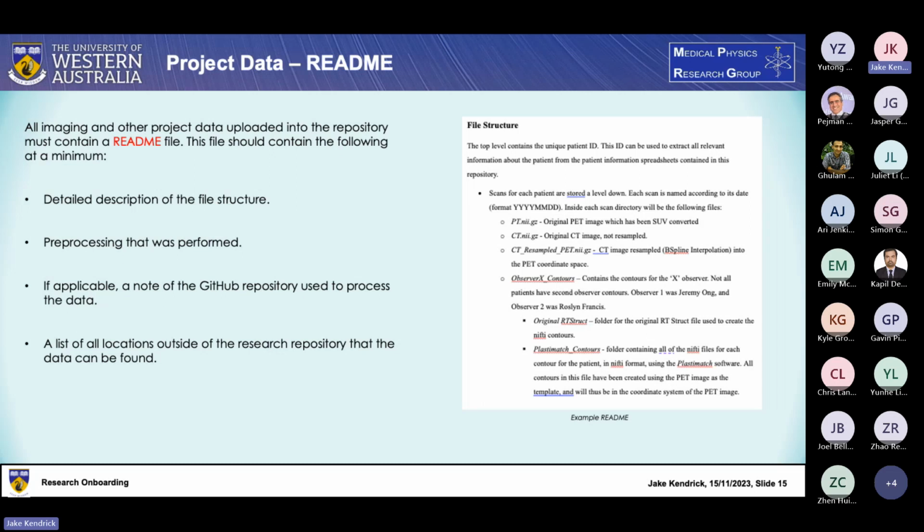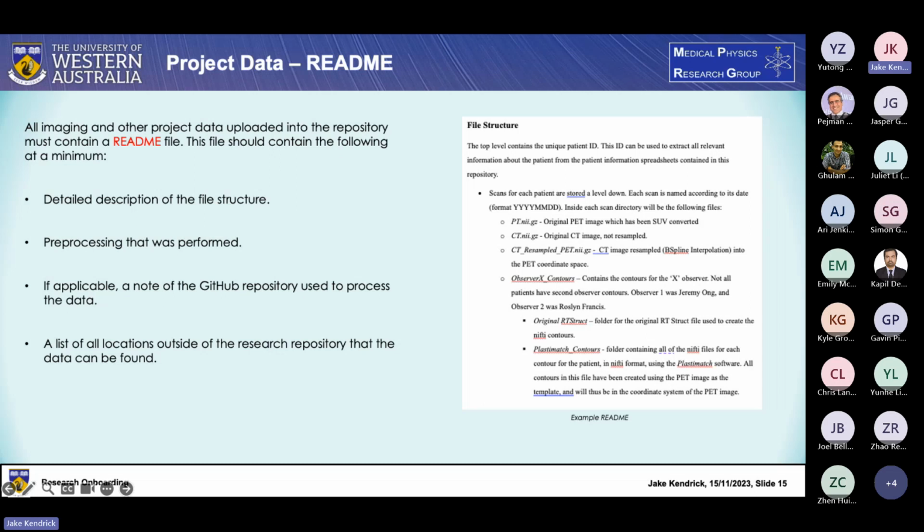So it should have a detailed description of the file structure, any pre-processing that was performed on the data set or the files in order to get them into that format. And if applicable, you should note which part of the GitHub repository was used to process the data. Okay, so this is important as well. We want our results to be as reproducible as possible.